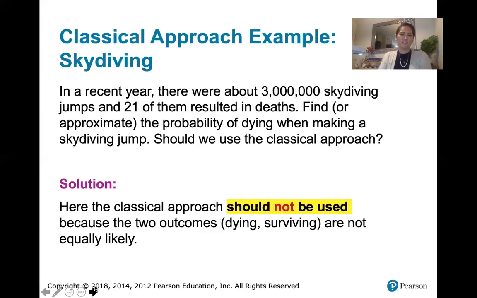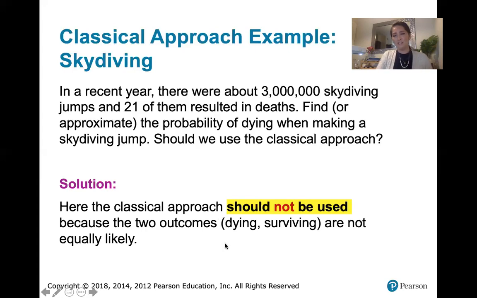The probability of dying or surviving depends a lot on your training and your background. If you are well trained, and there are other things too, the weather, things like that, those affect the probability of dying and the probability of survival. So they should certainly be taken into account when we calculate probabilities. So we can't use the classical approach here.